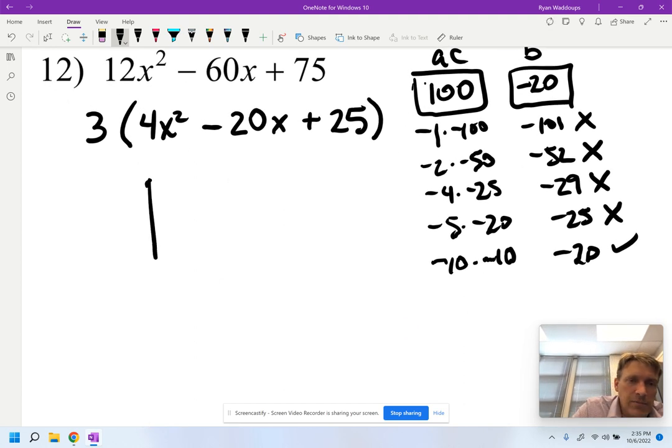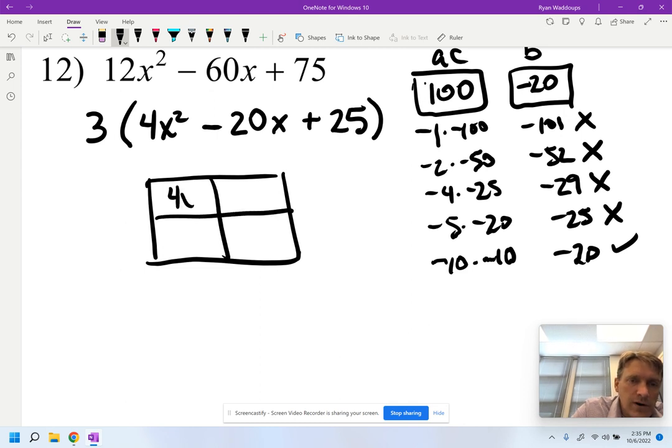So we can again do this in a box. And I put 4x squared and 25, and then negative 10x and negative 10x. And then I factor. This will give me 2x, and this will give me, I think, minus 5.